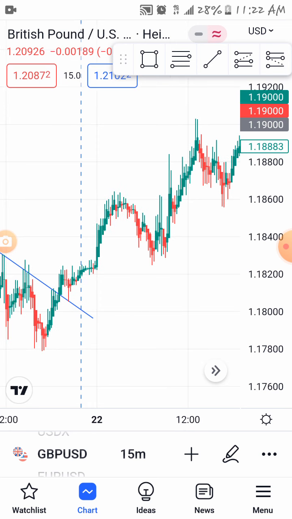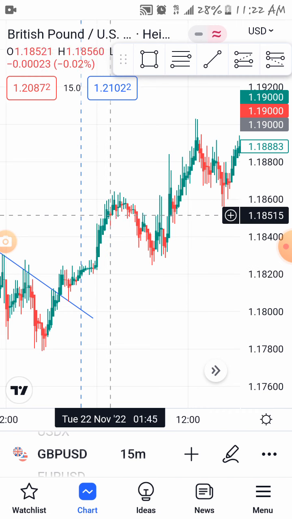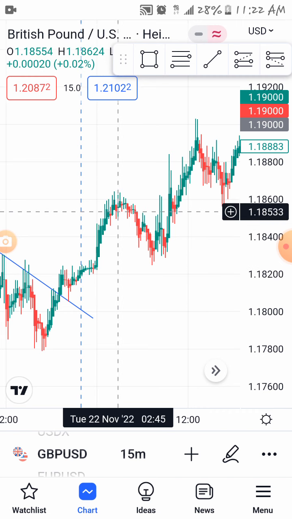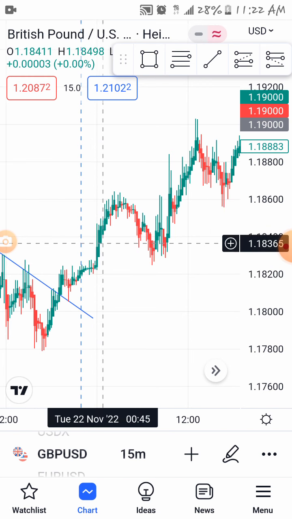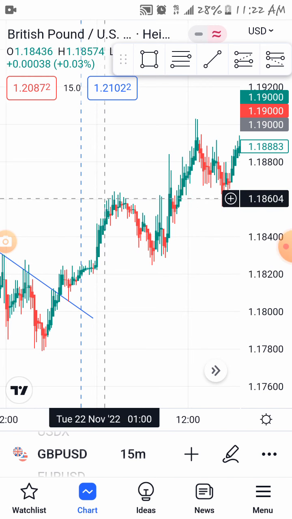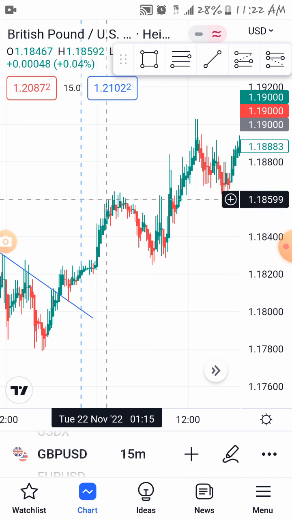Now it was a continuation of what happened here, and you can see that a whole lot of buying occurred. On Tuesday, I would not have been on this trade anyway. I would have still waited to see what would happen, and price came here and gave us a resistance. Price reversed from here.